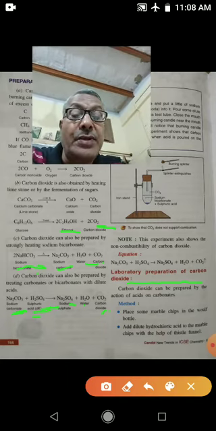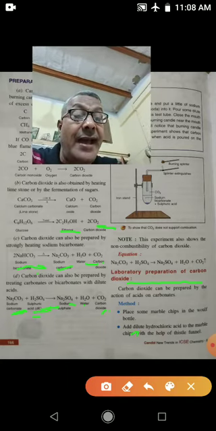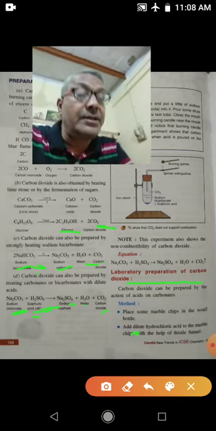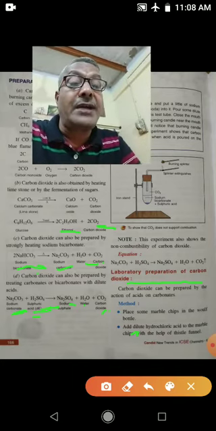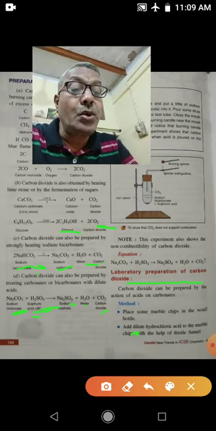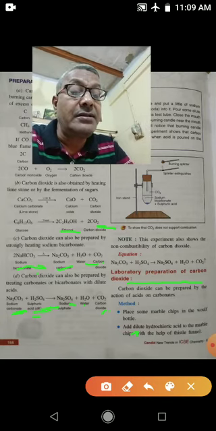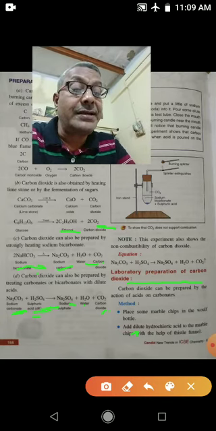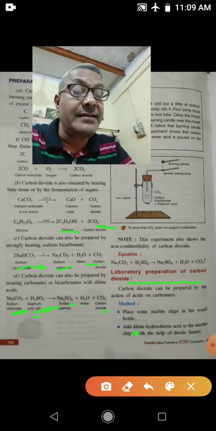So when dilute hydrochloric acid is added, then acid will come in the contact of calcium carbonate. Hydrochloric acid reacts with calcium carbonate to produce calcium chloride, water and carbon dioxide.